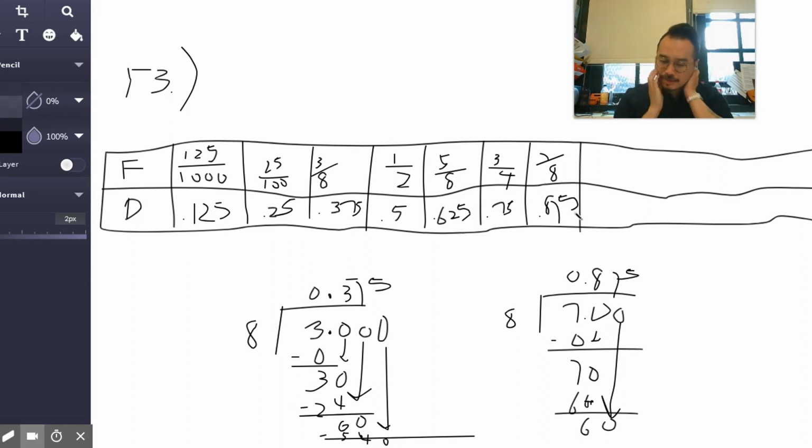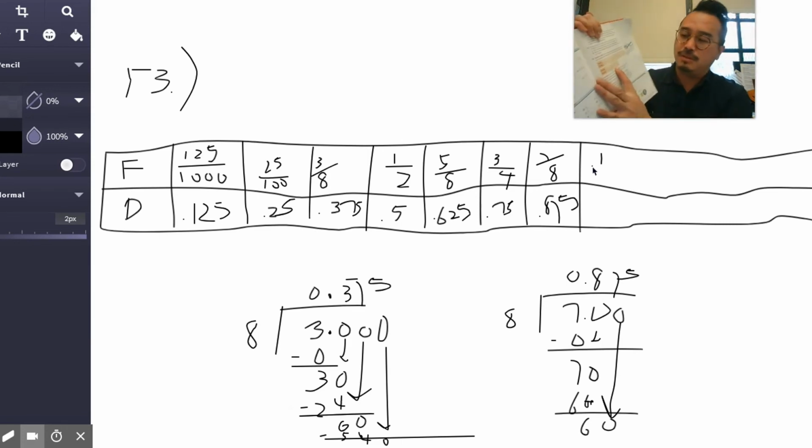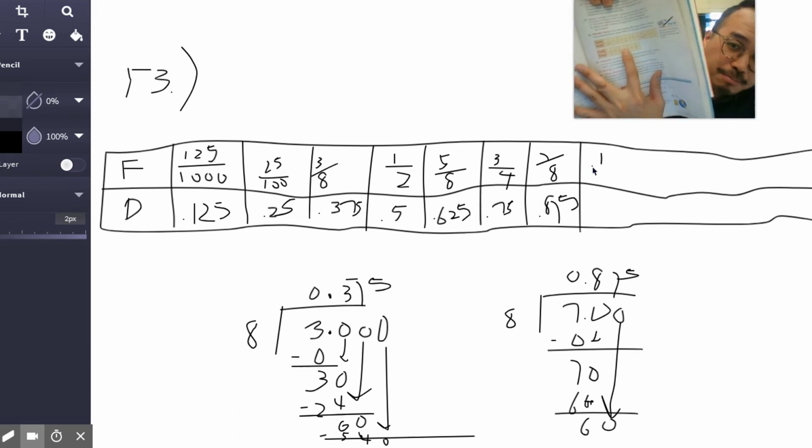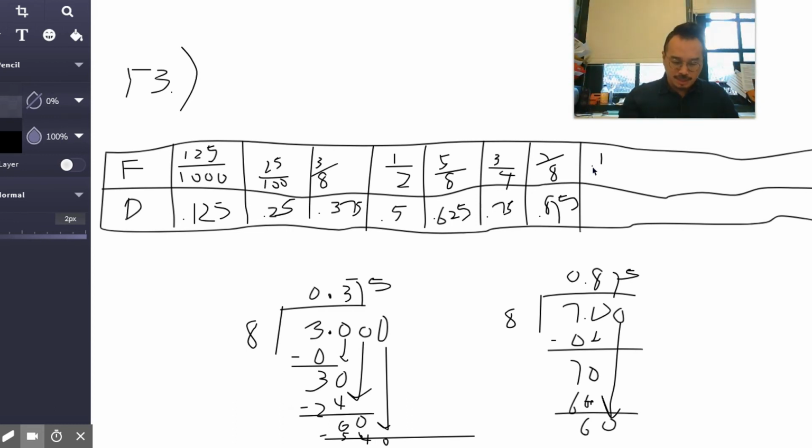Now let's keep going. What now? 1/5. Somehow we went back to 1/5. You know what? I'm actually gonna stop here because that makes no sense. Do you see the one here? Of course you can see the one here. This one right here is blank on the top and bottom, so I'm not exactly sure.